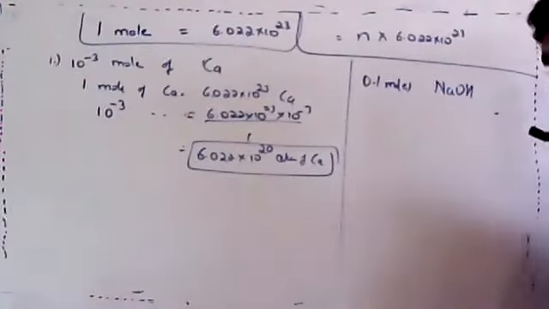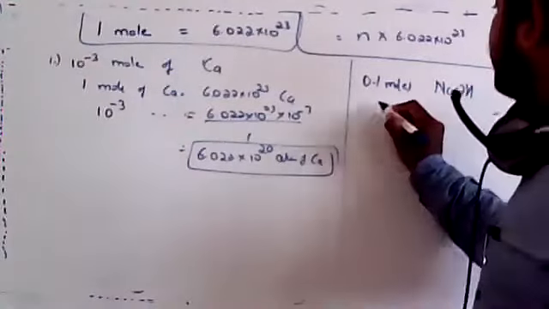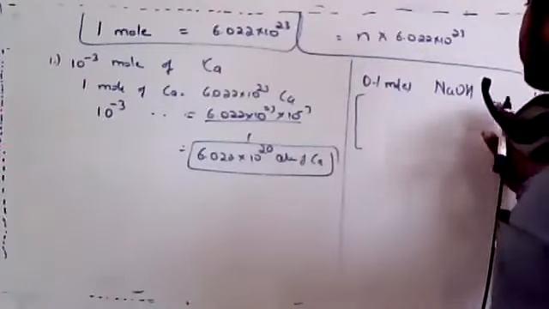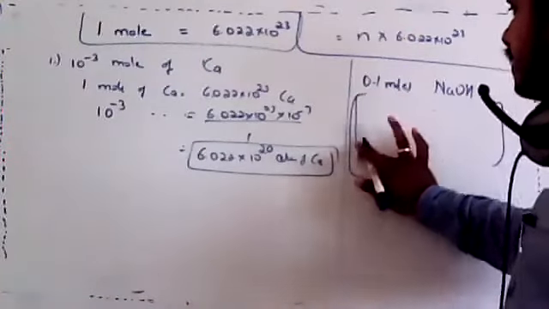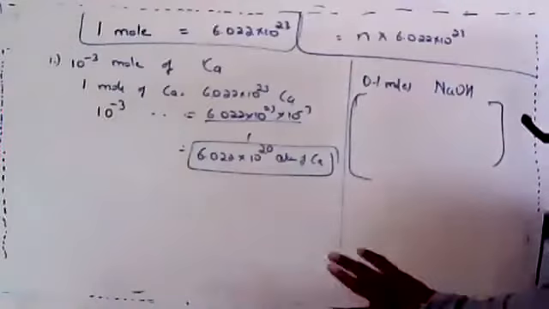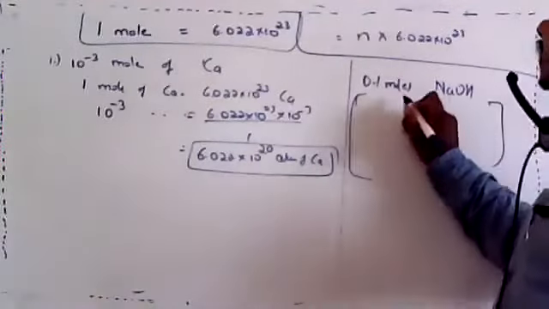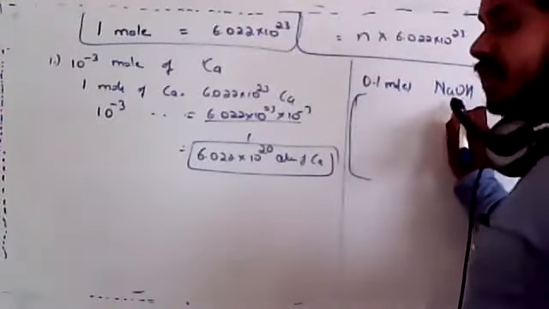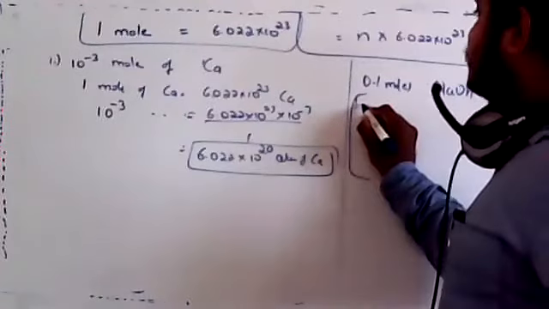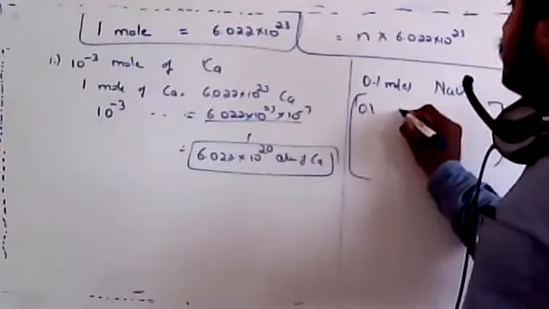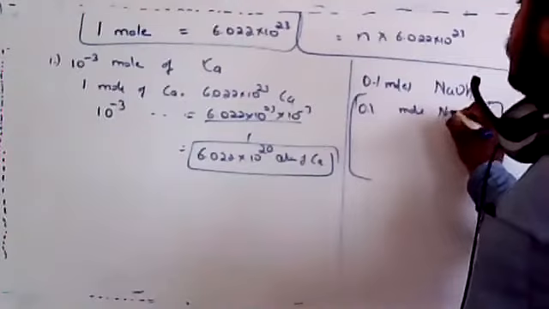Before solving this question, always understand this, it is a very important sentence I'm writing. Whenever they are asking 0.1 mole of NaOH, this contains 0.1 mole of NaOH, no doubt.